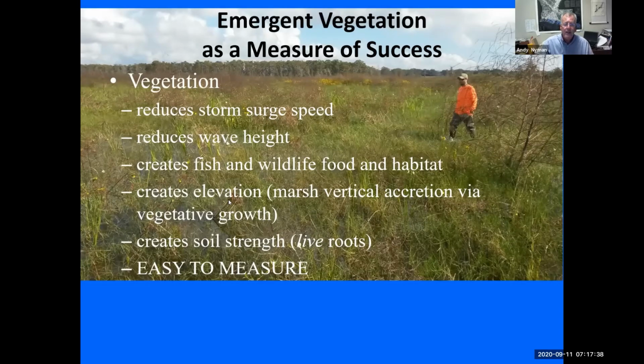It also creates the elevation that offsets subsidence. In coastal Louisiana, around the Gulf Coast, up in New England, into Canada, the coastal wetlands offset subsidence and sea level rise through the production of organic peat. It's crucial in creating elevation. Vegetation does that. The vegetation is what makes the soil strong.